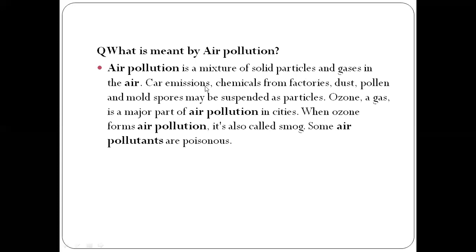Car emissions, chemicals from factories, dust, pollen and mold spores may be suspended as particles. Ozone, a gas, is a major part of air pollution in cities. When ozone forms air pollution, it is also called smog. Some air pollutants are poisonous.